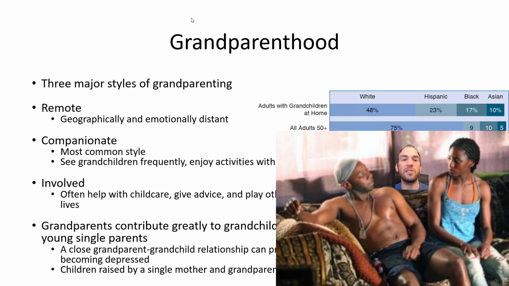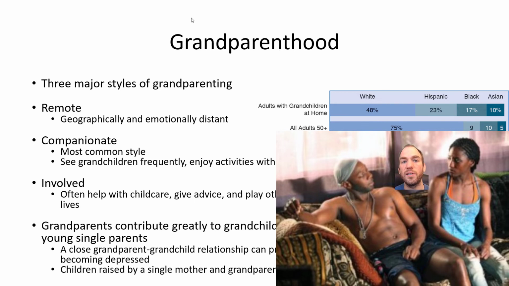So the idea here is that we have these three different types, ranging from being emotionally distant and geographically far away from their grandchildren and their children, to being very involved, helping with childcare, giving advice, and playing very daily or frequent roles in the grandchildren's lives. And interestingly, researchers have found that grandparents can serve a buffer role, that is, reduce the impact of stress on a child.